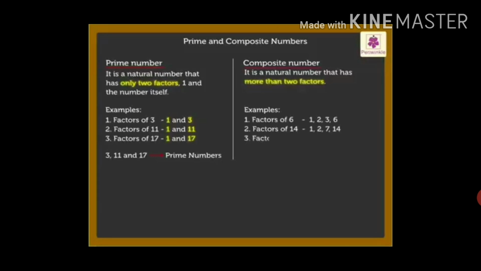The factors of 20 are 1, 2, 5, 10, and 20. Here, all the above numbers have more than two factors. These numbers are called composite numbers.